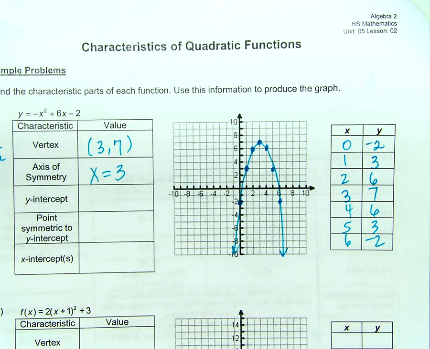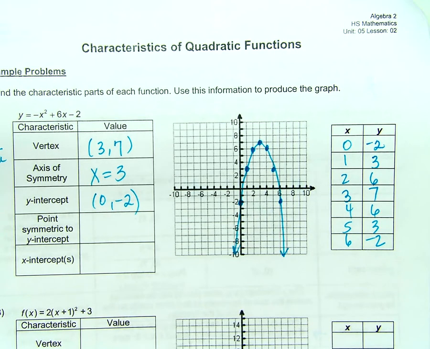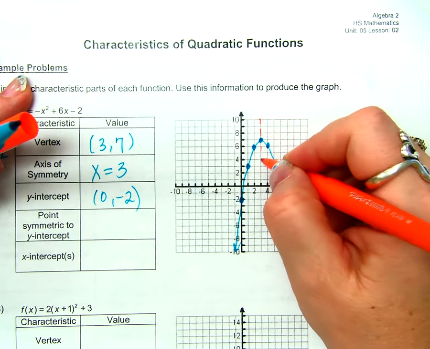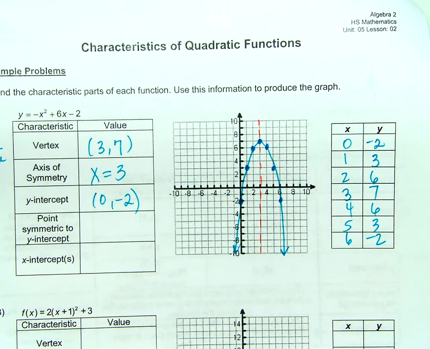Now how easy is it to tell where the y-intercept is? From the graph and from the table, right? 0, negative 2. I'm going to go ahead and draw in my line of symmetry, just in case some of you still need that. What point is symmetric to the y-intercept?